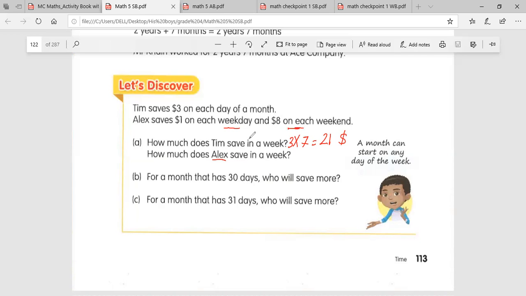How many days are in a weekend? 2. Excellent.